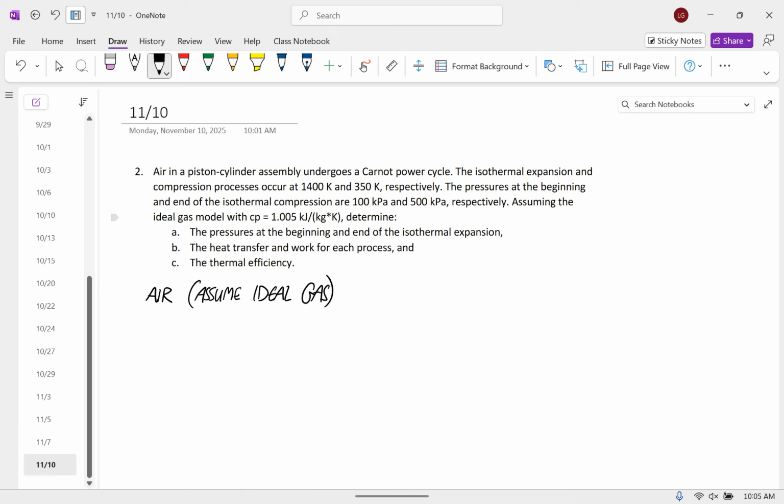At the compression, we're going to assume ideal gas. We're given the Cp value. And so we want to calculate the pressures at the beginning and end of the isothermal expansion.